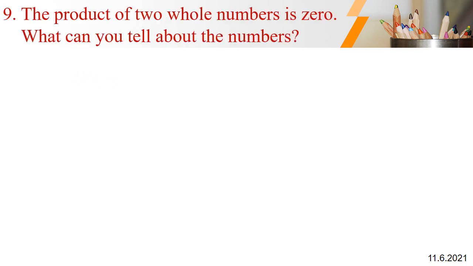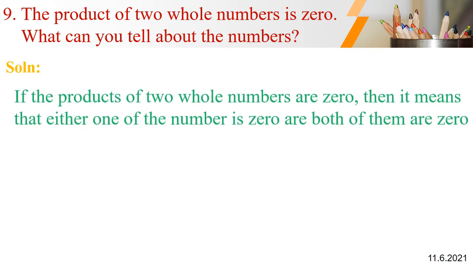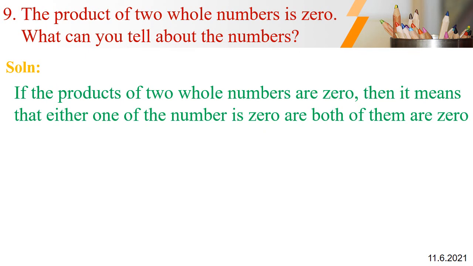Now coming to the ninth problem. The product of two whole numbers is 0. What can you tell about the numbers? The solution is, if the product of two whole numbers is 0, then it means that either one of the numbers is 0 or both of them are 0.